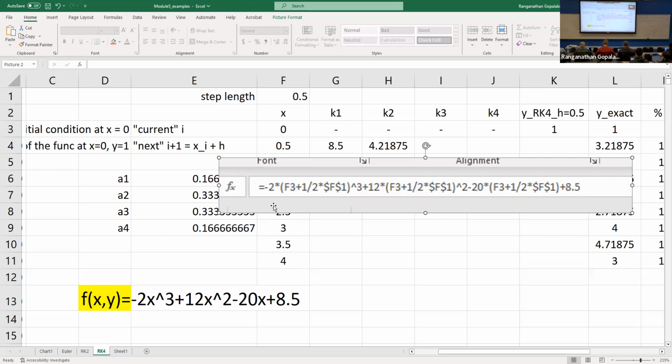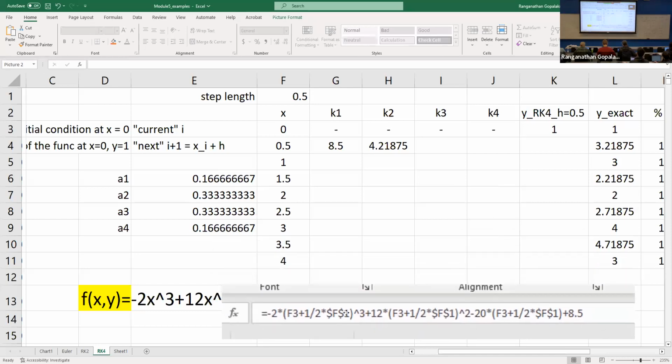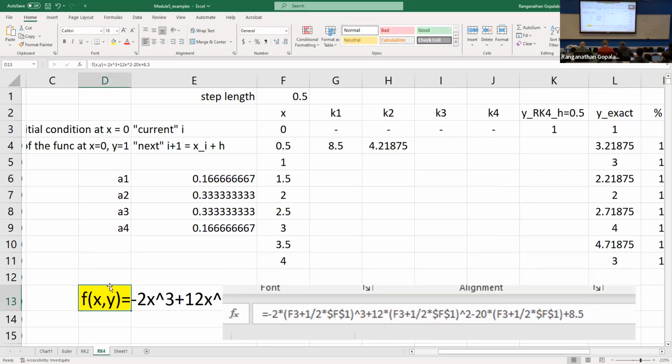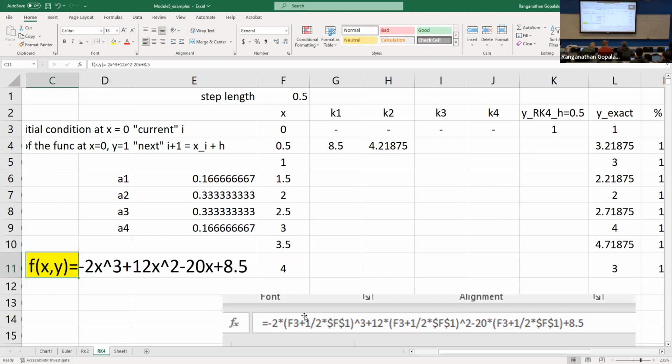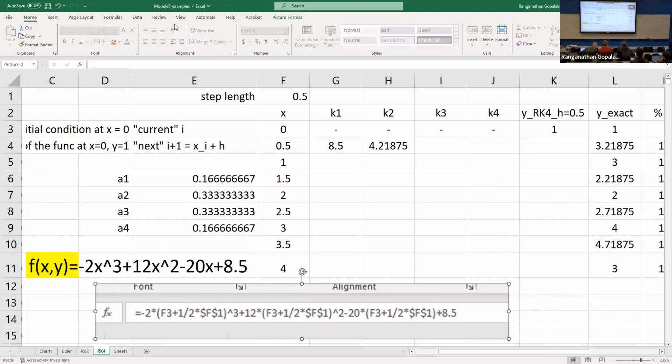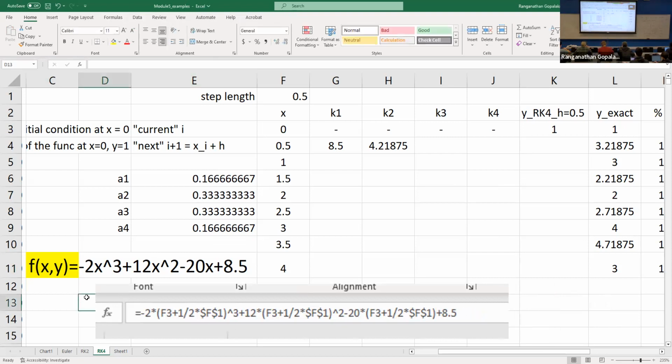So that is K2. Okay, let me move this, and also write it here. This is K2. Those who are trying, are you able to get it?